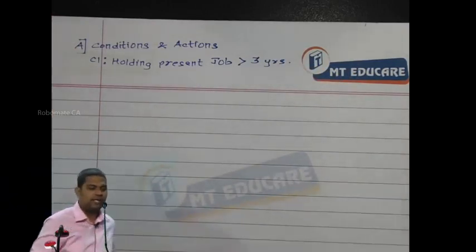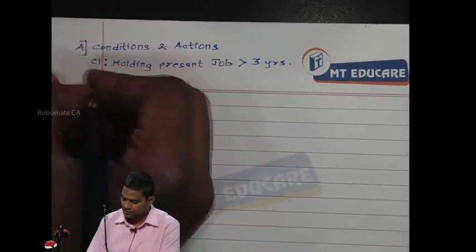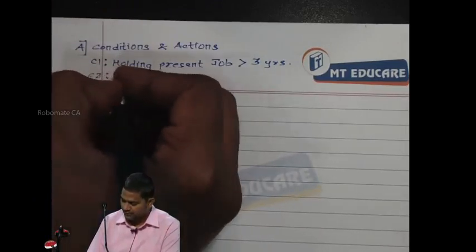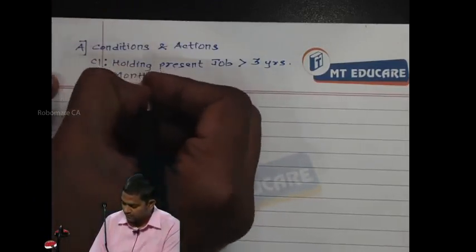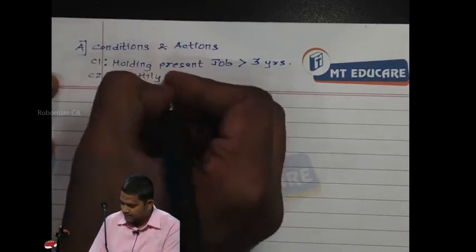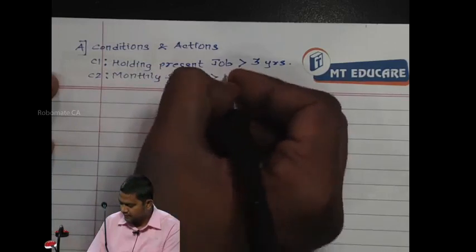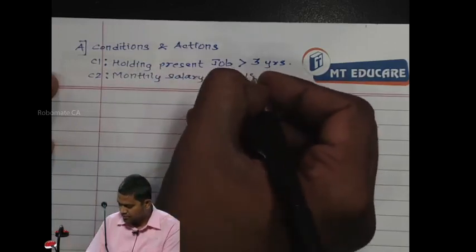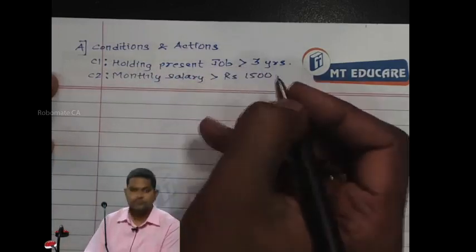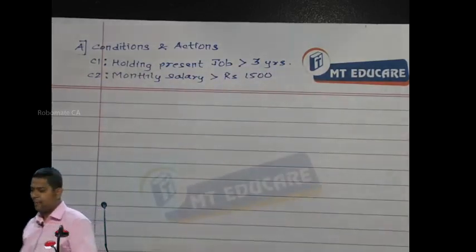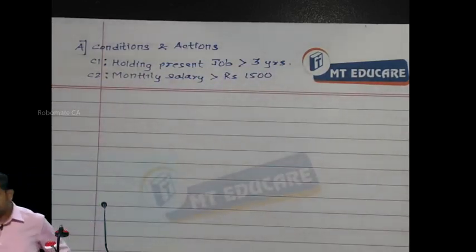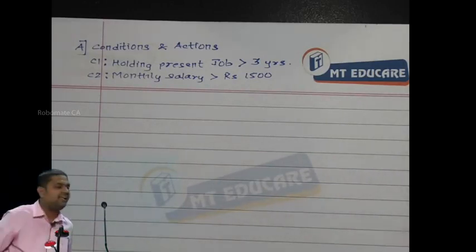So C2: monthly salary should be greater than rupees 1,500. The third point in this problem says residing in the same place for more than 5 years.